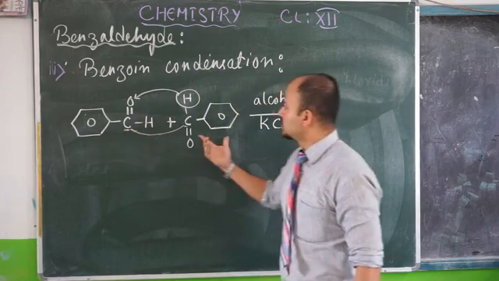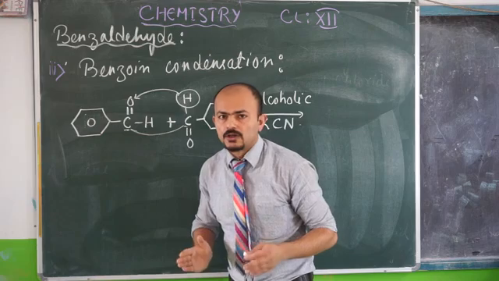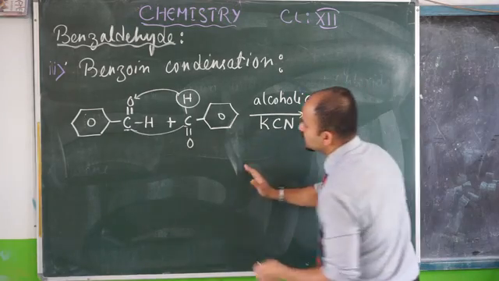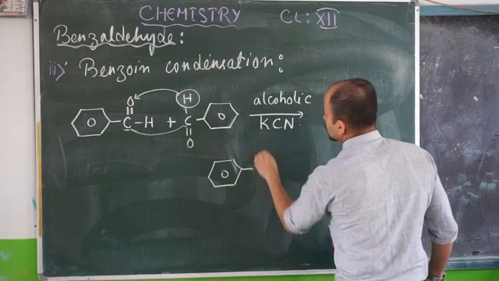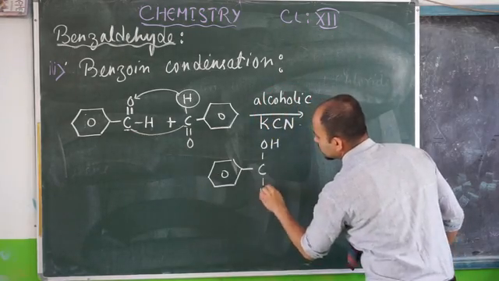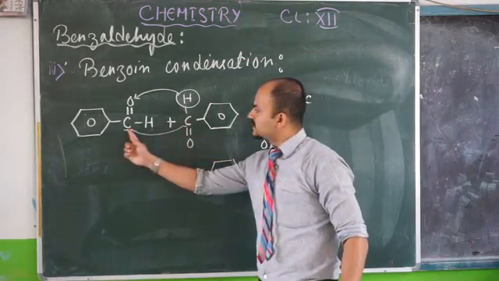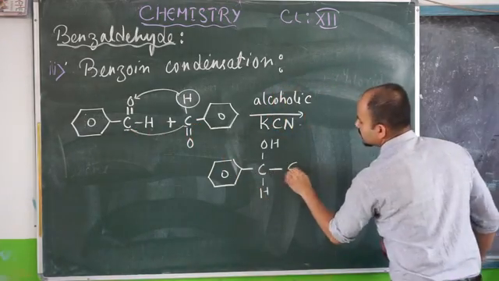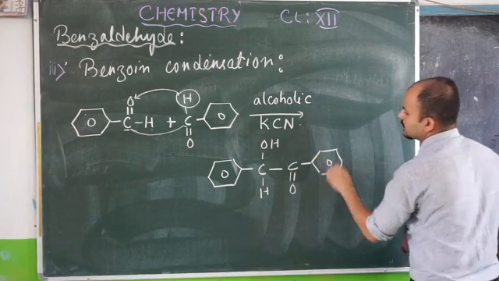So these two molecules will be joined together or condensed to give one particular molecule, which is known as benzoin. Let me write the product here. OH. This H I am writing here, and now the bond formation between this carbon and this carbon takes place. So this carbon is bonded with this carbon. Double bond O, benzene ring.